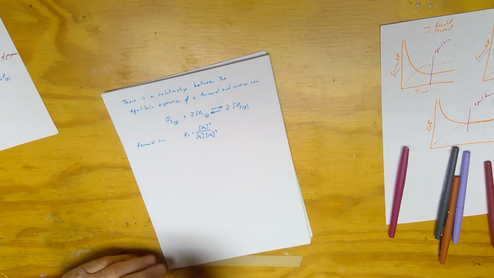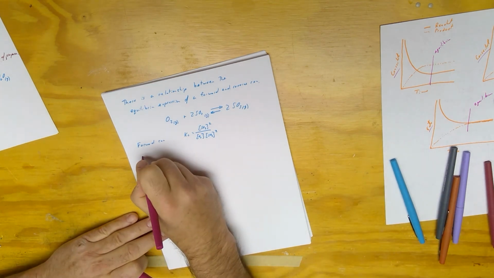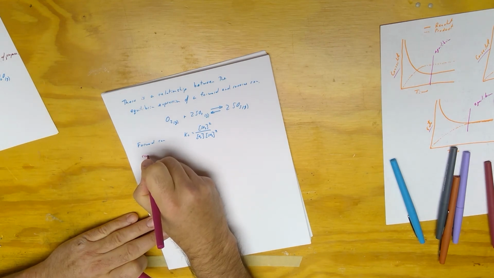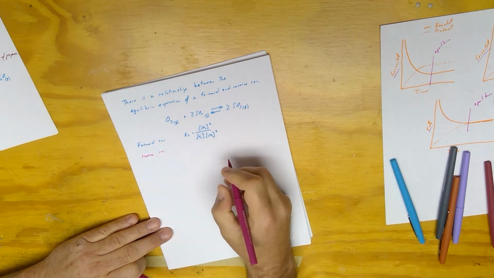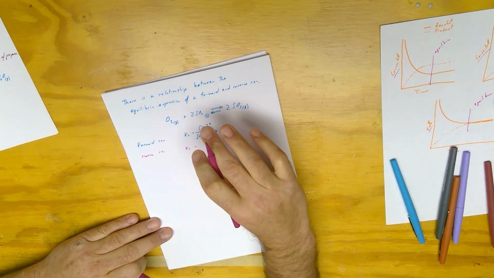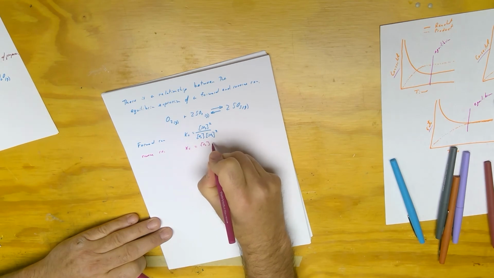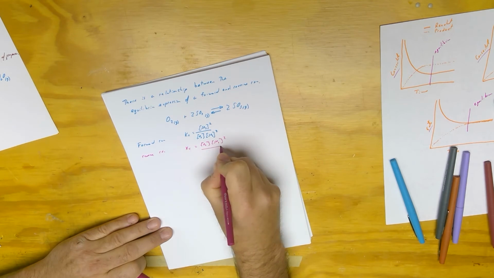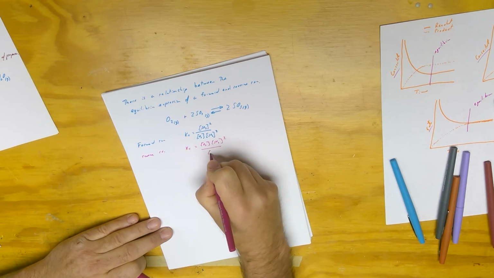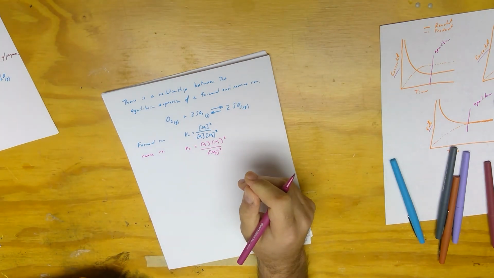Now, let's look at the reverse. For my reverse reaction, this whole thing is flipped. So we have the concentration of O2 times SO2 squared all over the concentration of SO3 squared.